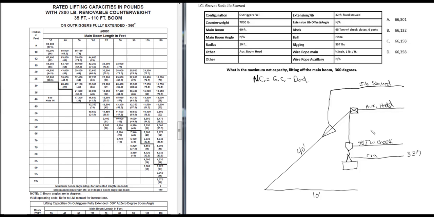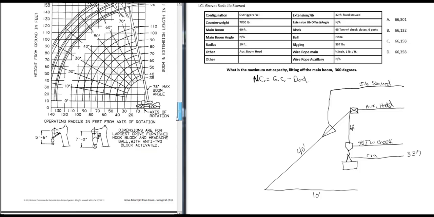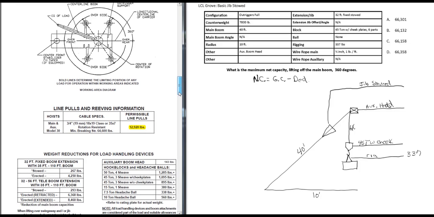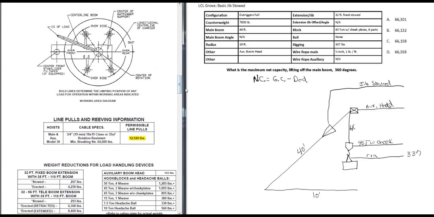It does give us the weight for the rigging. We've also got 6 parts of line. Now we've got all of our deductions labeled. Let's go back to the load chart notes and find the weights that we need to be deducting.